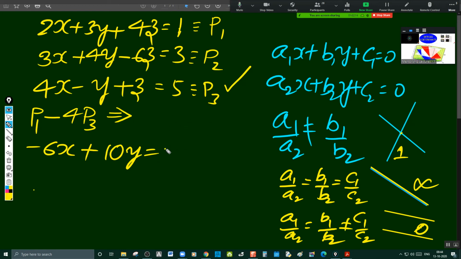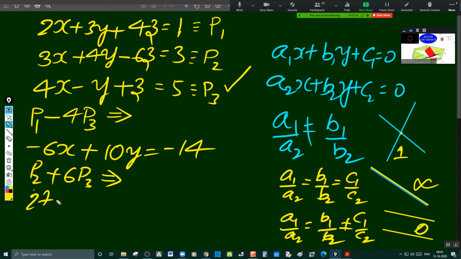Eliminate that Z, eliminated. My task is to eliminate Z here. P2 plus 6P3 implies, 3x plus 24, 27x, and 4x minus 4y minus 6y, minus 2y, and that Z gets cancelled, is equal to 3 plus 33.